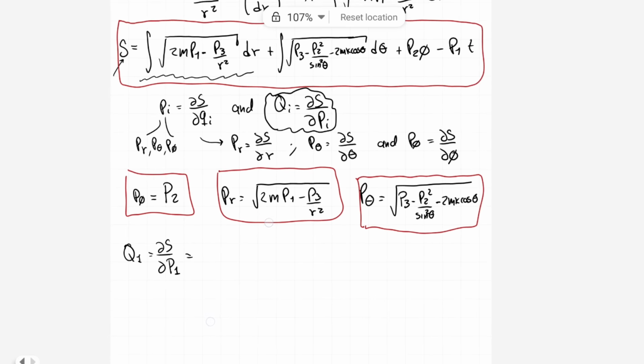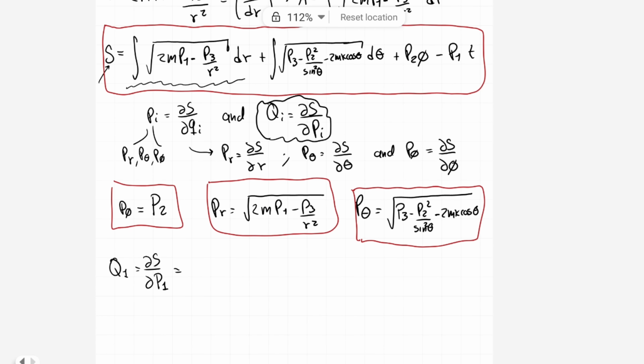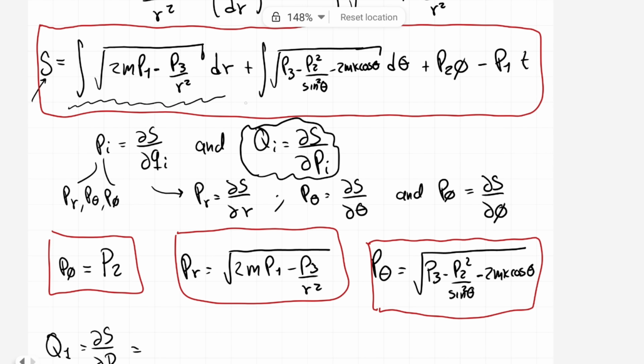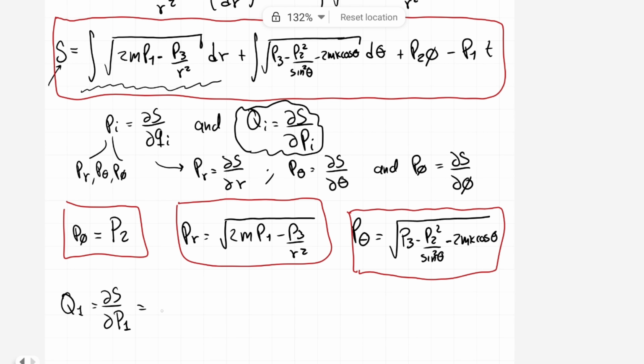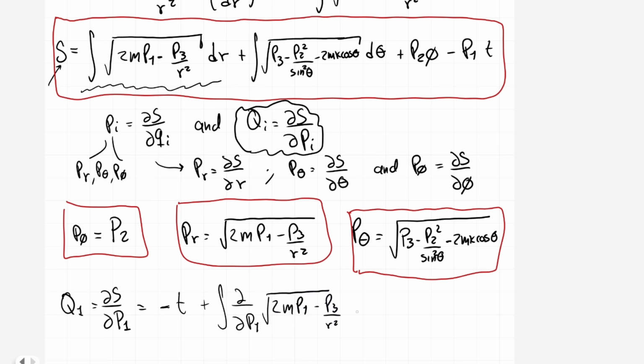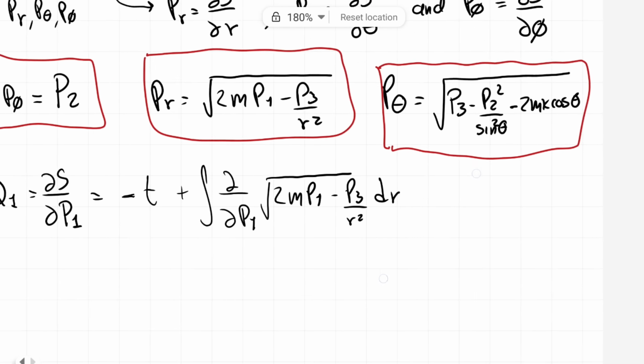Look that only two elements depend on P1 in this S. So we need to take the minus t term here, and then plus the integral of the derivative with respect to P1 of the square root of 2m P1 minus P3 divided by r squared dr.